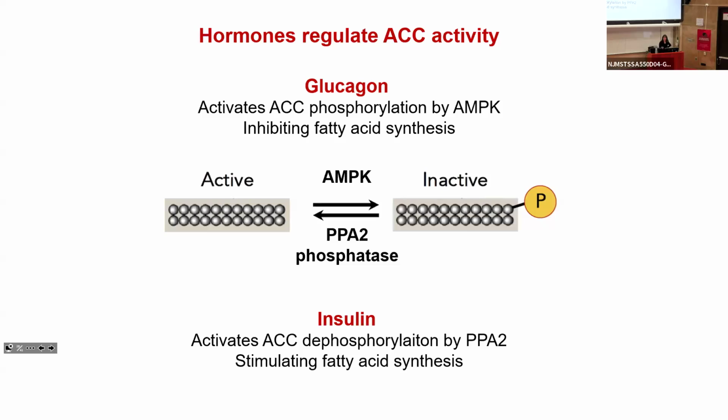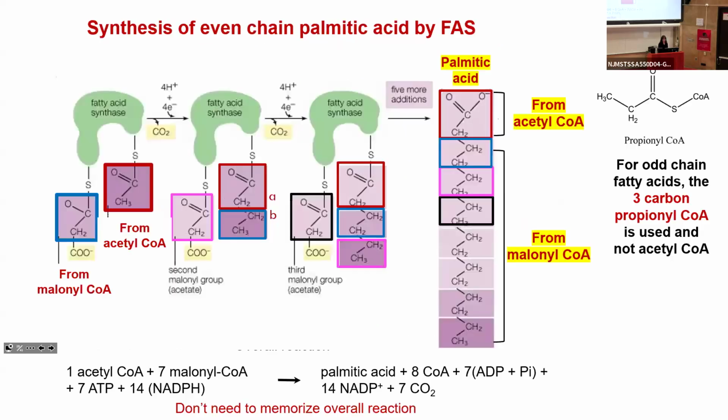That's going to communicate that we need to turn down all these ATP-dependent processes, and so that's going to favor the inactive, phosphorylated form of ACC, just so we can put ATP in reserve. Don't waste it on making fatty acids when we don't need it.